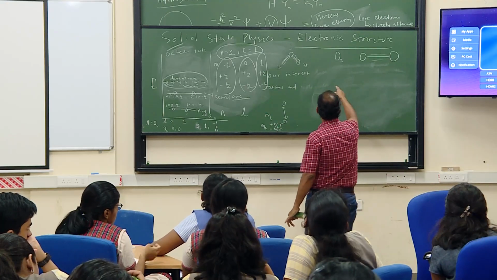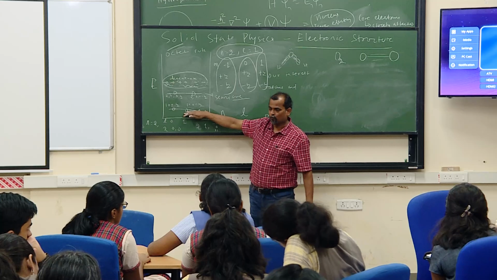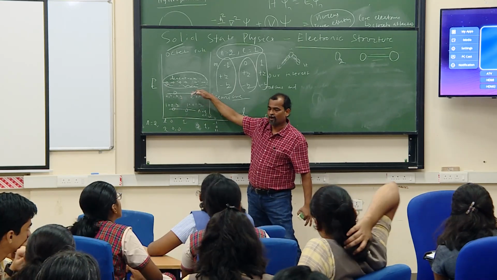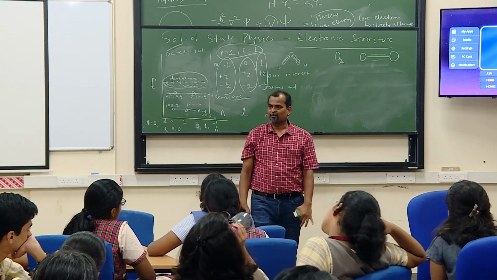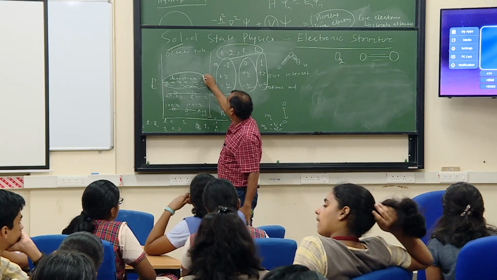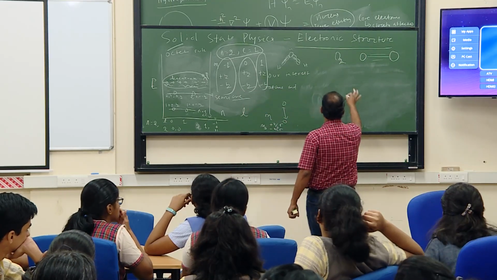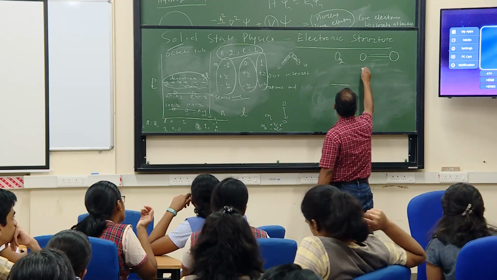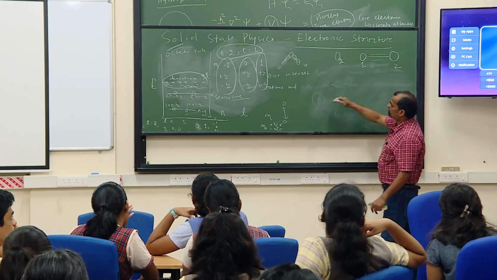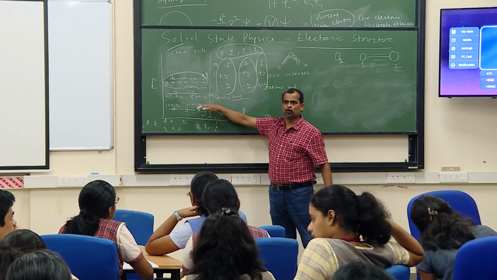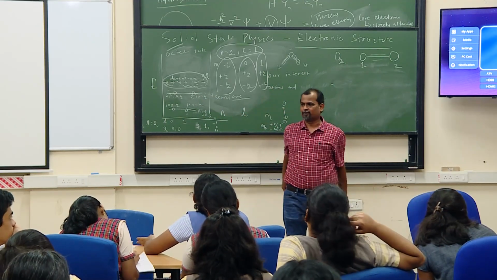For example, O2: you know there will be 1s for oxygen 1, 2s for oxygen 1, 1s for oxygen 2, 2s for oxygen 2. But what about the 2p states? Ignore 1s, 2s. They are closely bound to the nucleus, so they don't contribute anything. They don't change their energy.